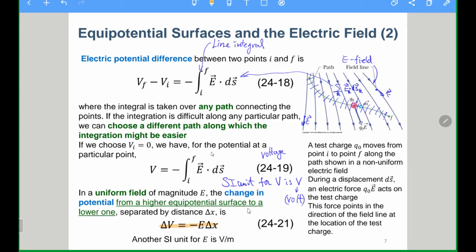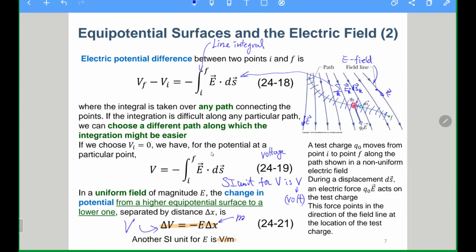The SI unit for V is also V. If we use this equation, the SI unit for delta X is meter. So another SI unit for E is volt per meter.